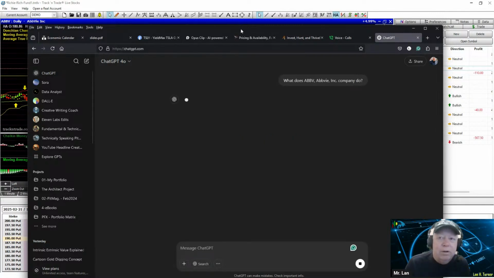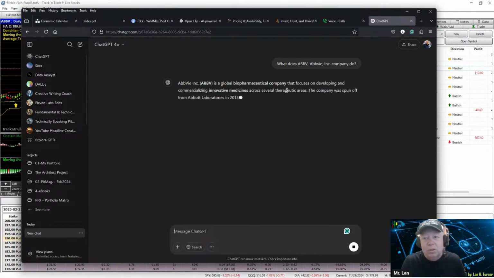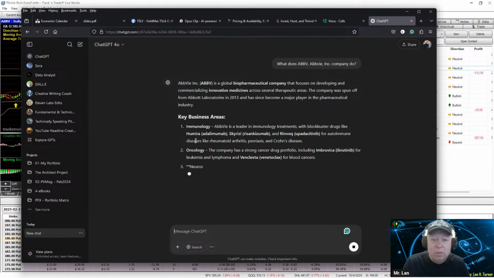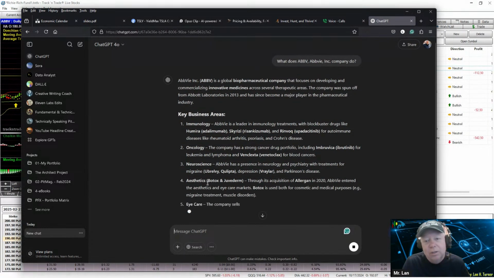Are they a pharmaceutical? A biopharmaceutical company developing and commercializing innovative medicines across several therapeutic areas. The company was spun off from Abbott Laboratories in 2013 as a major player in the pharmaceutical industry: immunology, oncology, neurosciences, aesthetics, Botox. Oh, there you go. There's where they make all their money right there.